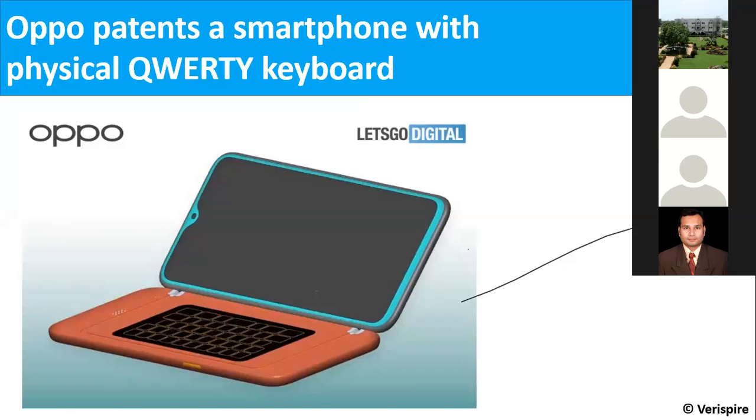Then there is an Android smartphone with a physical QWERTY keypad. This invention was filed by Oppo on the 5th of May. A very simple invention, quite unique compared to other complex inventions.